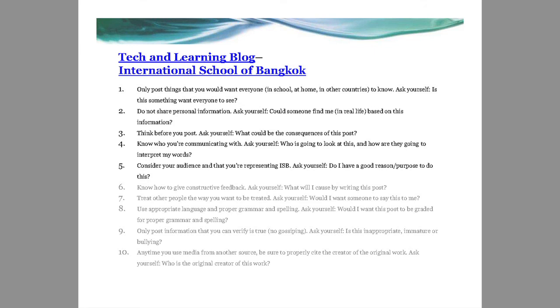But they do say to their students: only post things you would want everyone to know, do not share personal information, think before you post, know who you're communicating with, and consider your audience. The rest of these guidelines don't apply to privacy. That's why I kind of just grade them out. So I wonder if the teachers are actually looking at it, or talking about it before they actually post it. I don't know.